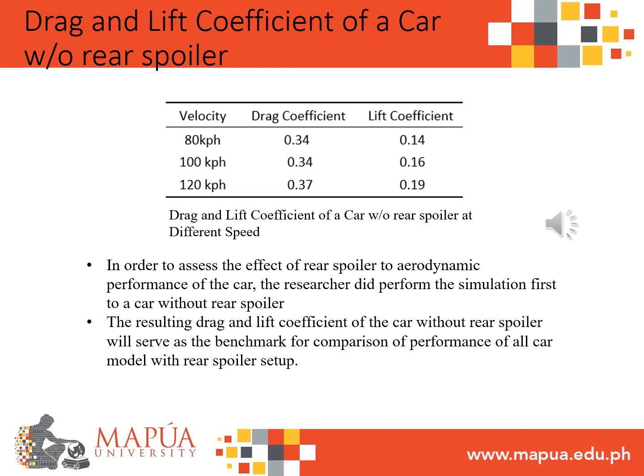And after that, when we go to 120 kilometers per hour, we will see that there's an increase in drag coefficient. It becomes 0.37, and its corresponding lift coefficient is 0.19.